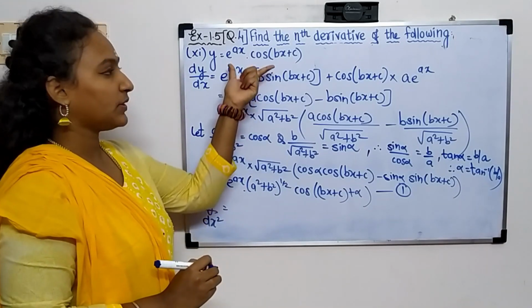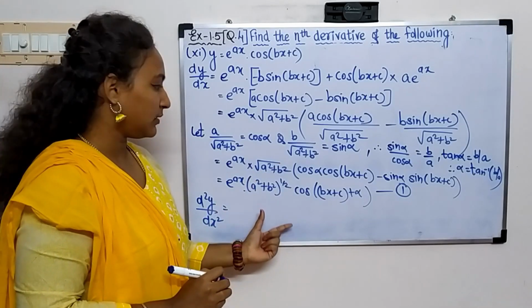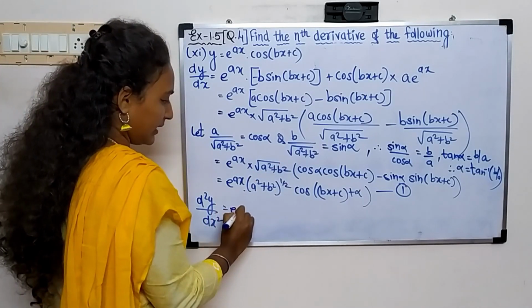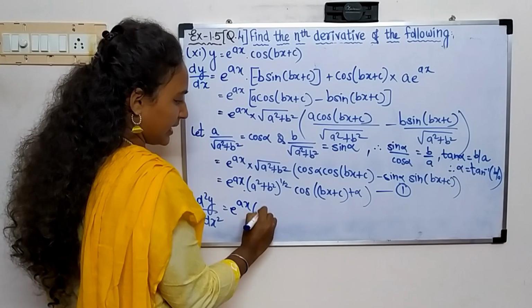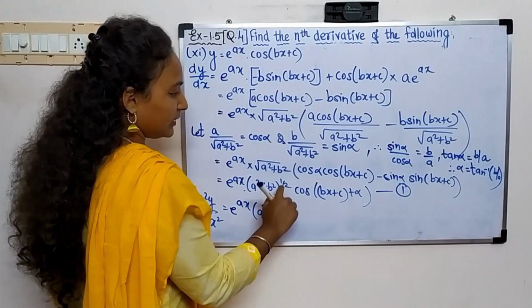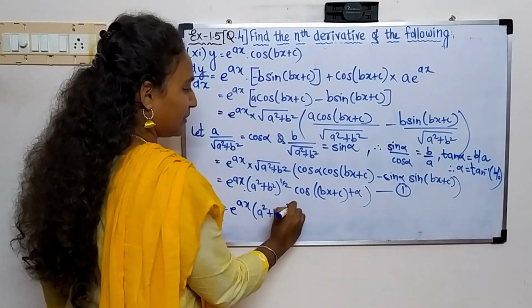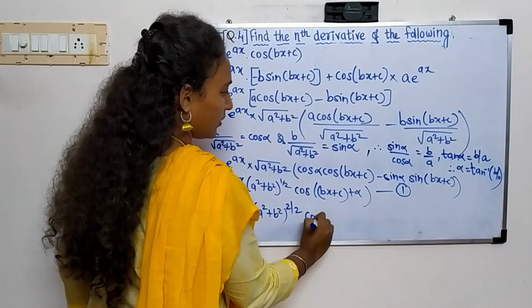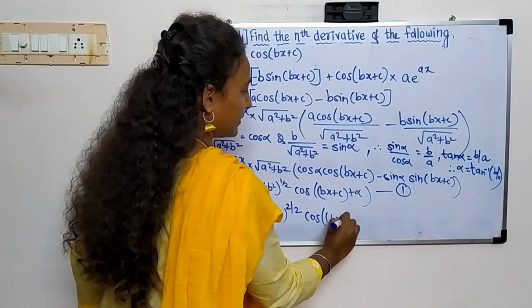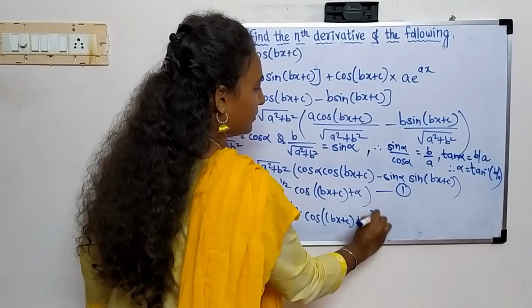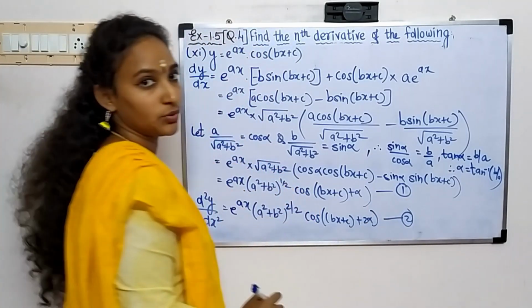You have to calculate in a similar pattern, then you will get e raised to ax, a square plus b square, in place of 1 by 2 it will be 2 by 2, cos bx plus c plus 2 alpha. This is equation number 2.